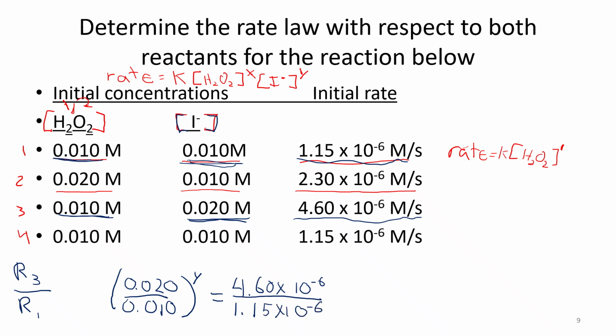And then I'm going to see what I end up with. Once again, 0.02 divided by 0.01 simply gives me 2. So this is 2 to the y power.